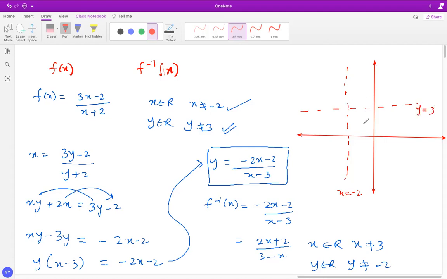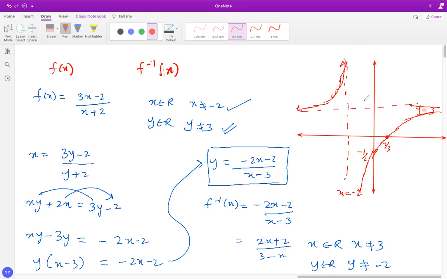And the y-intercept is at negative 1. If I plug in x as 0, I get negative 1. And the x-intercept is at 2/3. So the graph is going to become something like this. This is the original graph, and here you'll have the other part of the graph.